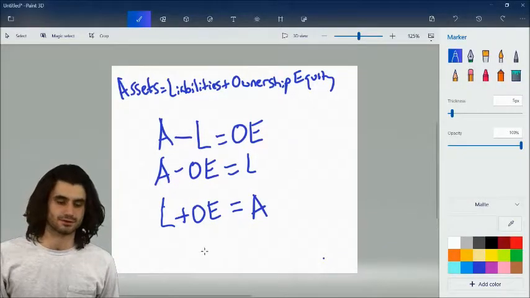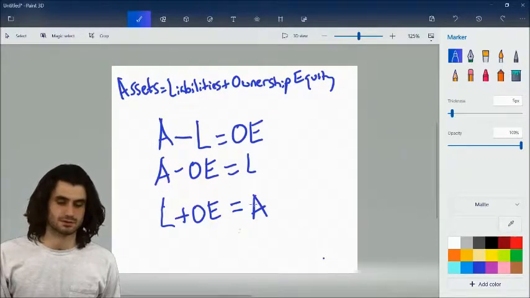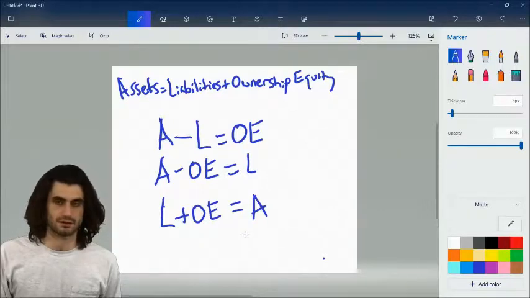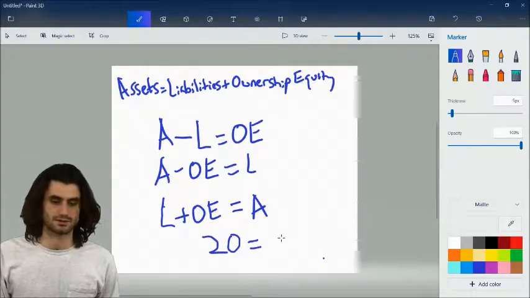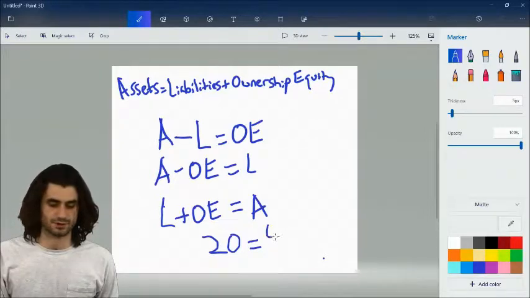Here's a quick example of how we would find some of these. Let's say you have an ownership equity of 20, and you have assets of, let's go with, 40.